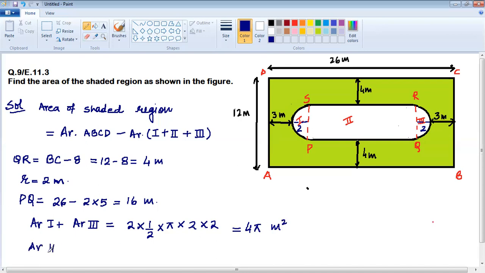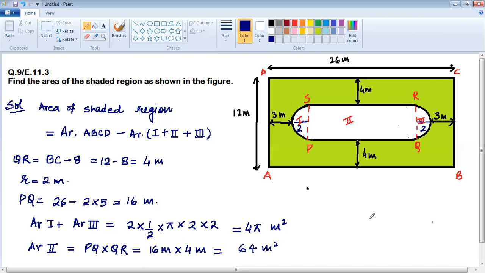Area 2 is PQ times QR. PQ we have already calculated 16 meters. QR we have already calculated 4 meter. So it is 64 meter square.